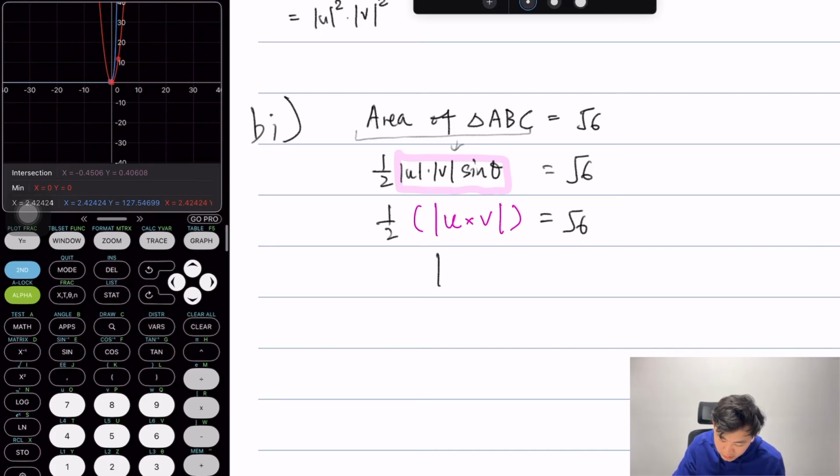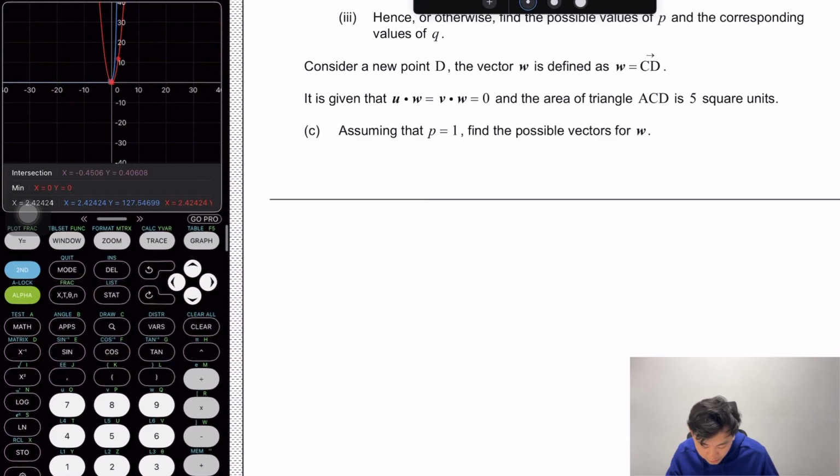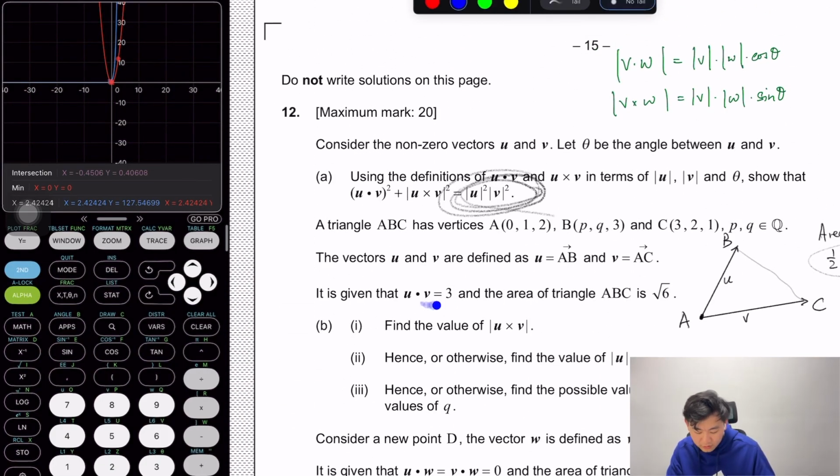So clearly, the answer we want is equal to 2 root 6. Nothing else that you have to write. You don't have to use the fact that it is 3 yet.